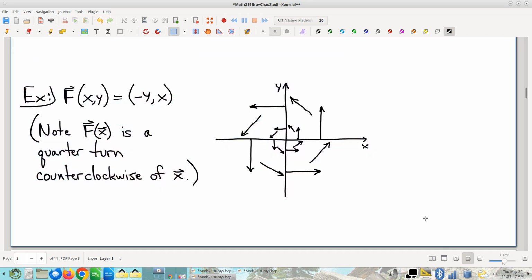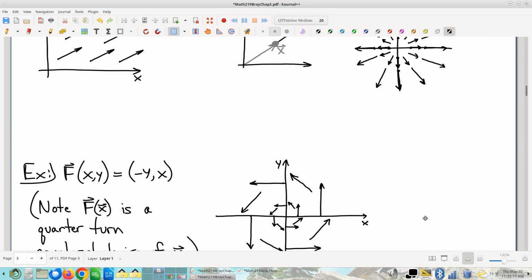Okay, so what does this look like? What physical scenario does this sort of suggest? You might say by the picture. And I tell you what I see when I see this. I see somebody has a pot on the stove and they stirred the pot counterclockwise, and I see a fluid that's kind of going around like so. You know what I mean? So for whatever it's worth, that is one of the primary interpretations that we have of vector fields.